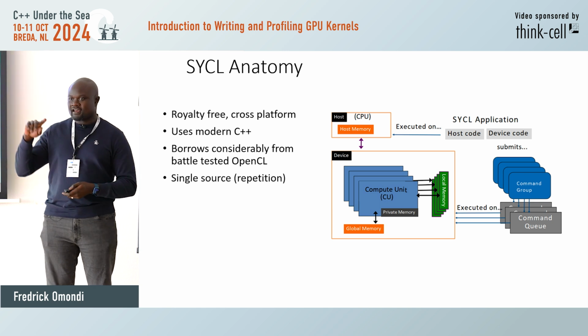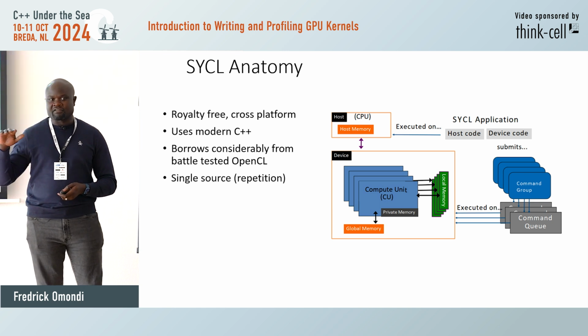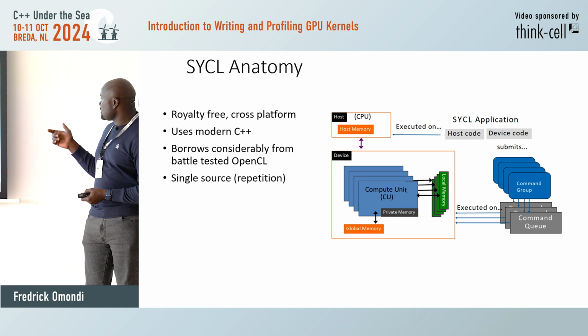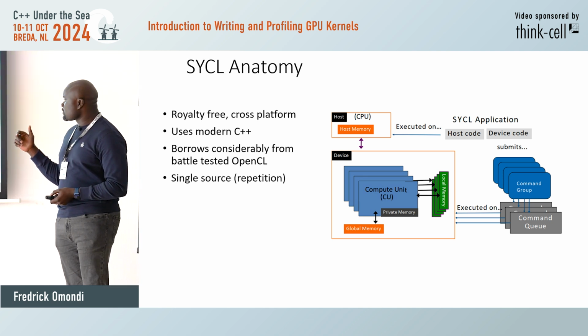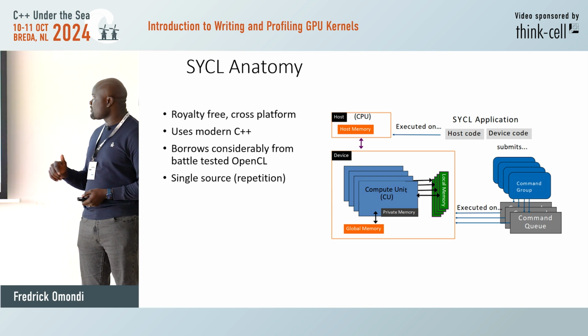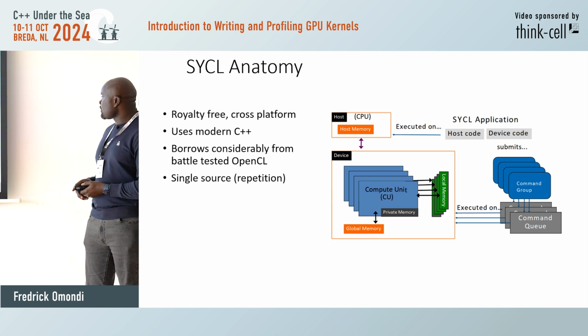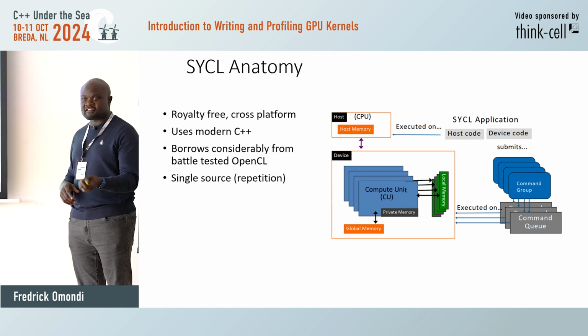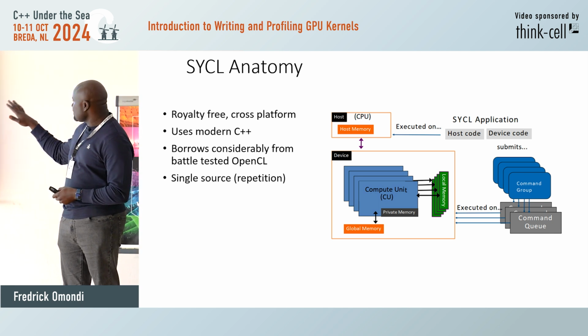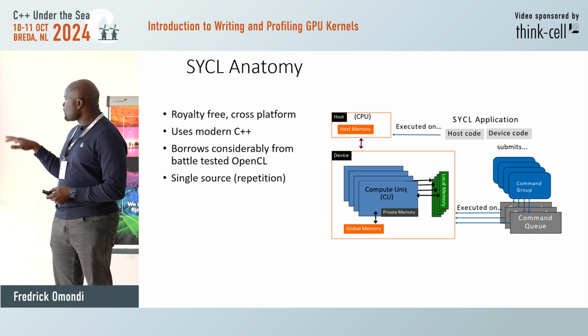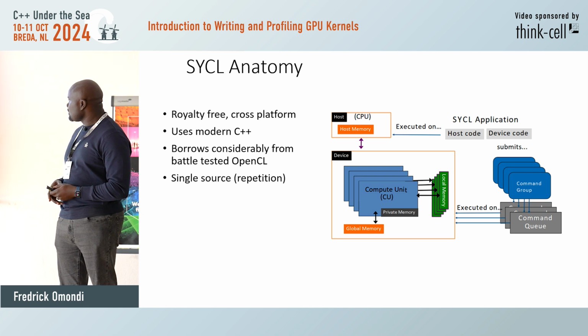So that's the entire GPU-CPU arrangement, and from this diagram, you can see how this works out. You typically hear me talk of hosts when I'm referring to the CPU. So the host will typically submit a task to the GPU, and then the GPU will do the task, and so on. These are different constructs of SYCL that we will later be looking at in the slides that follow.